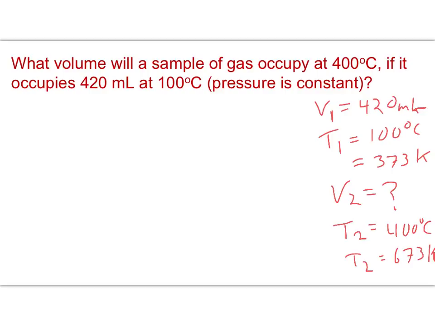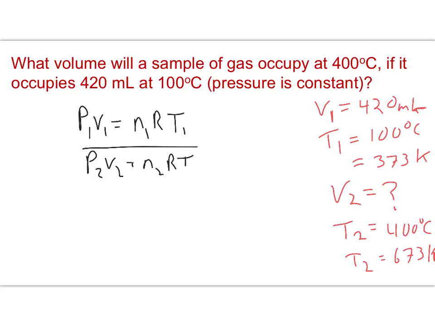So this question is asking about the relationship between volume and temperature. What equation do we need? The amount of the gas is being held constant. The pressure is held constant. And the ideal gas constant is a constant.